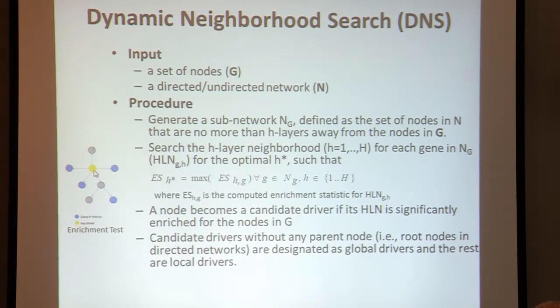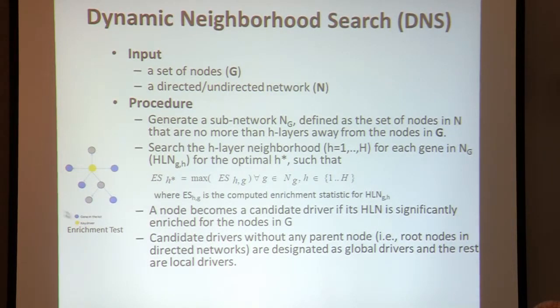In this case, for this yellow node, you see it has 4 or 5 immediate downstream nodes, and 3 of them are in the input gene list. So you can do the enrichment test, and the enrichment p-value should be very significant.